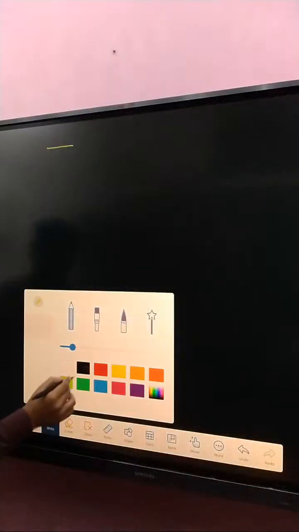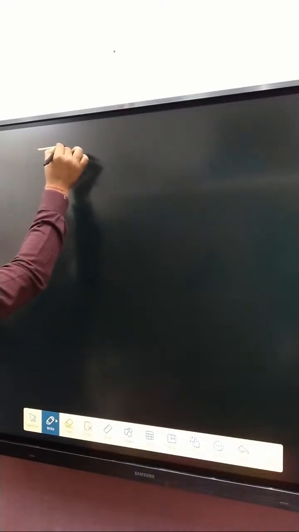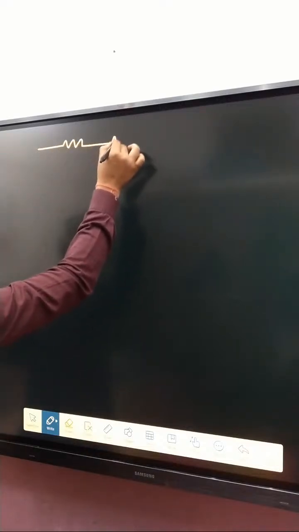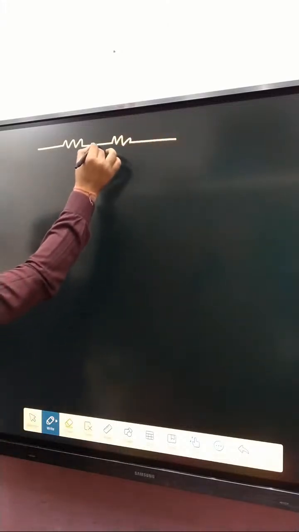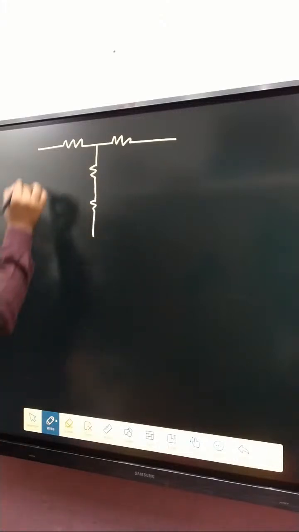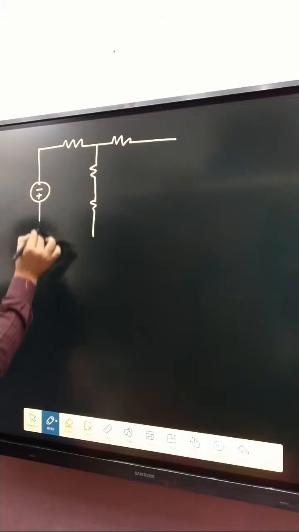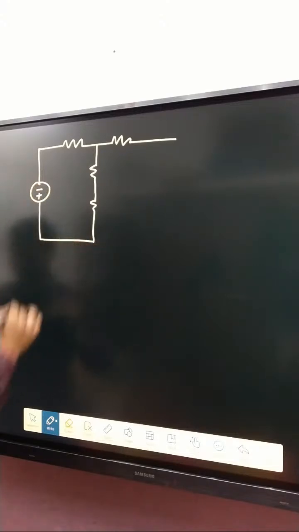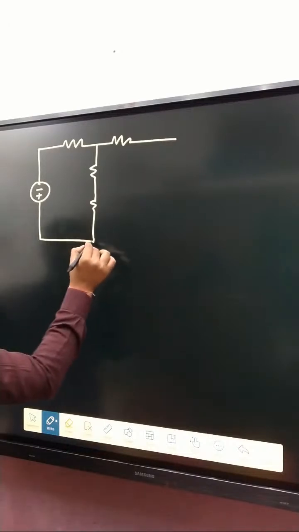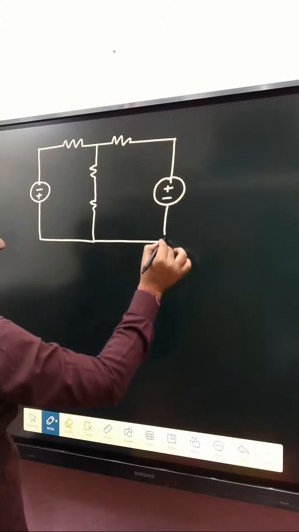Two resistances are connected in series like that, and another resistance is connected here. Here a voltage source, minus and plus, connected here. Another voltage source connected here, plus minus.